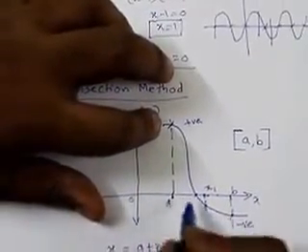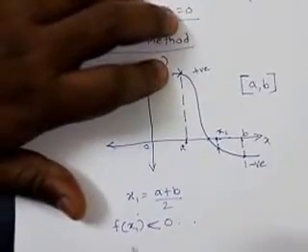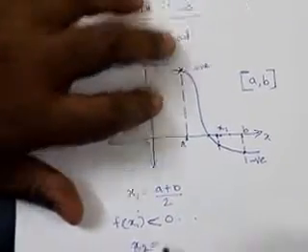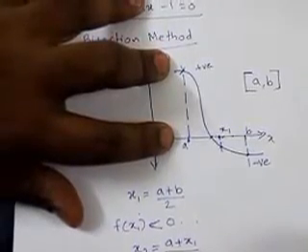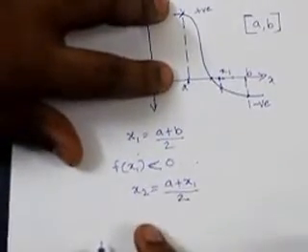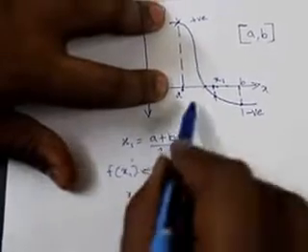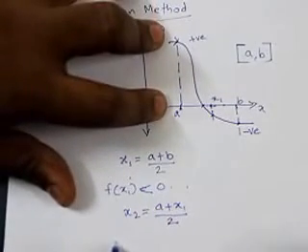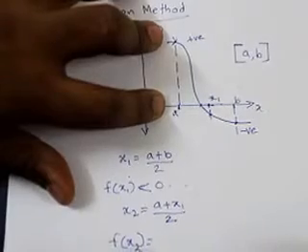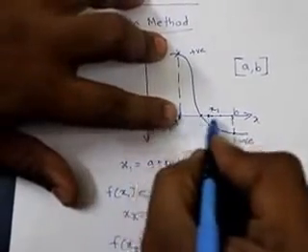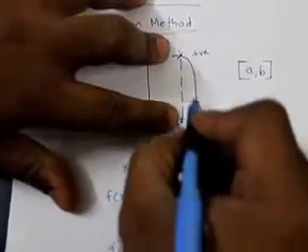Our next iteration is going to be x2, which is nothing but (a + x1) divided by 2. We will find out the value of f(x2). As we can see, it will lie somewhere around here.